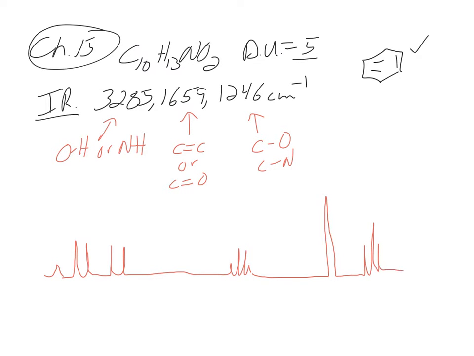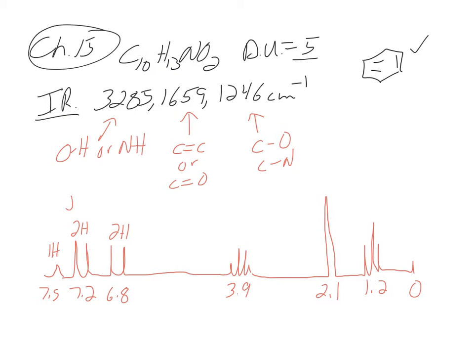And a little peak at 0. So this is 0. This is 1.2. This is 2.1. This is 3.9. This is 6.8. This is 7.2. This one is 7.5. This is worth 1H, 2H, 2H.